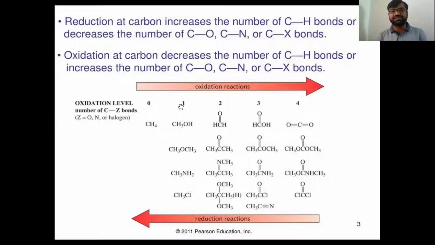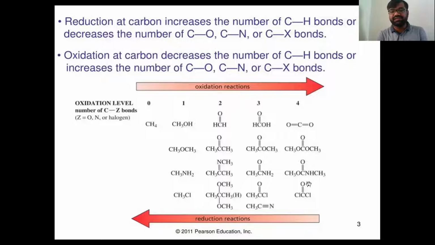Oxidation state is +1. The aldehyde has hydride, 2 H minus are there. So reverse it, it will become +2. Carboxylic acid, ester, methyl ester: the oxygen itself is -2 and OH minus is -1, so -3. The overall molecule is 0. That's why it has +3.